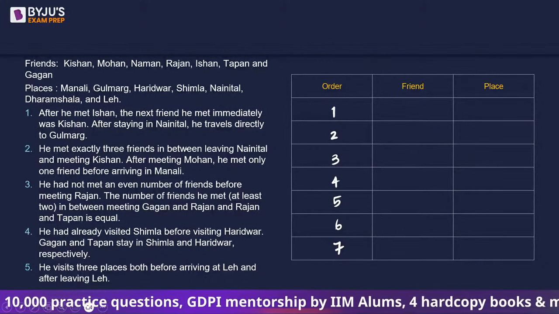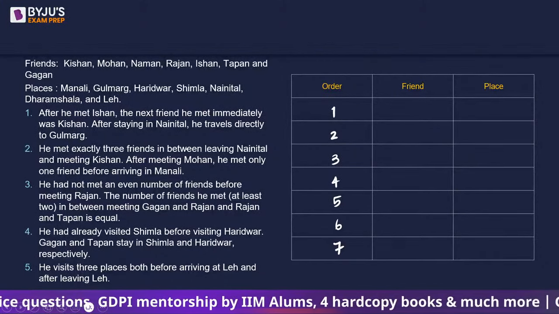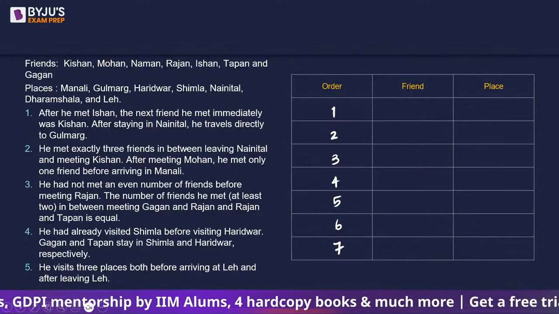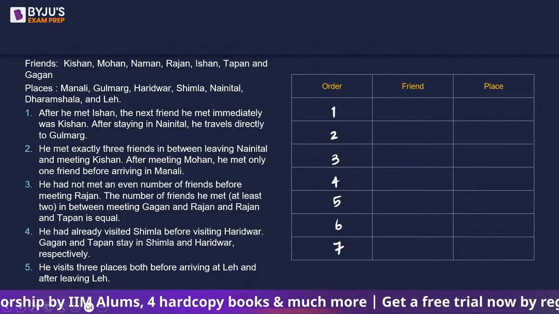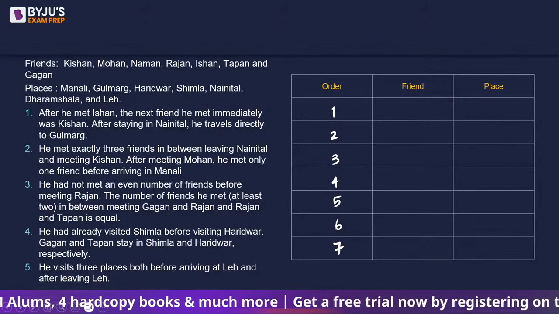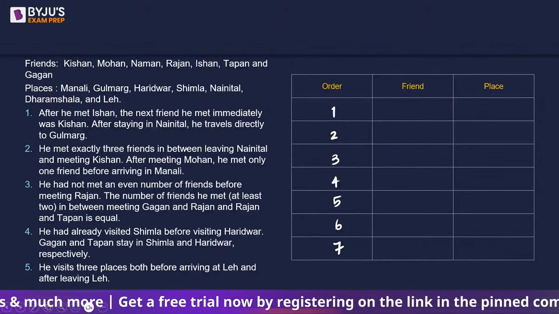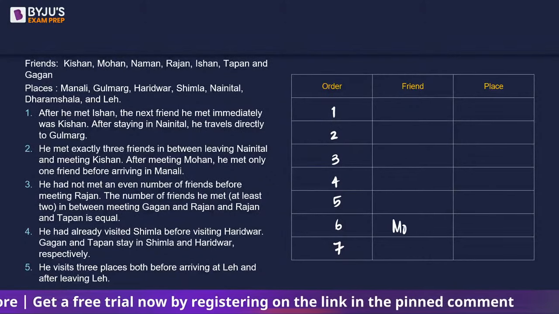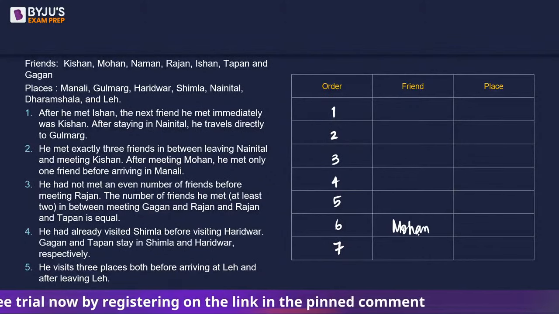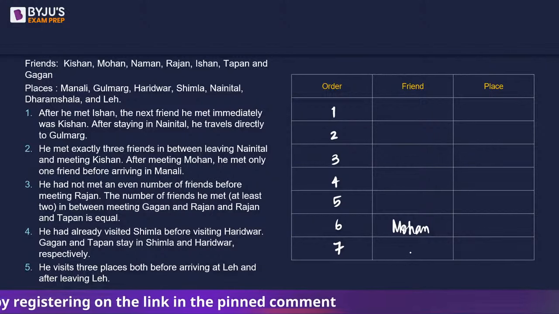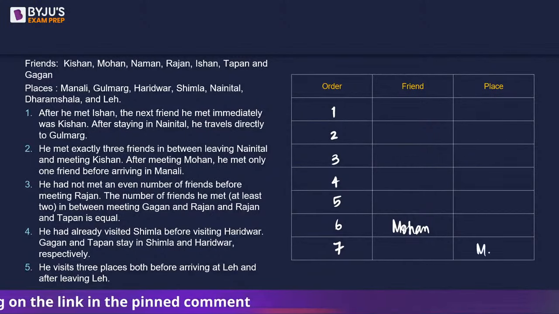After meeting Mohan, he met only 1 friend before arriving in Manali. So can we say Mohan was the second last guy, such that after meeting Mohan, he met only 1 friend before arriving in Manali? That would mean the last city was Manali.